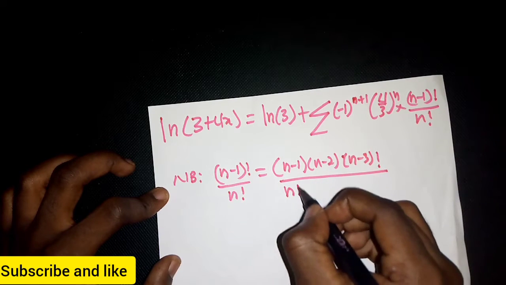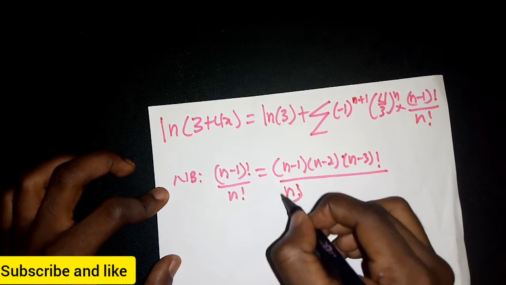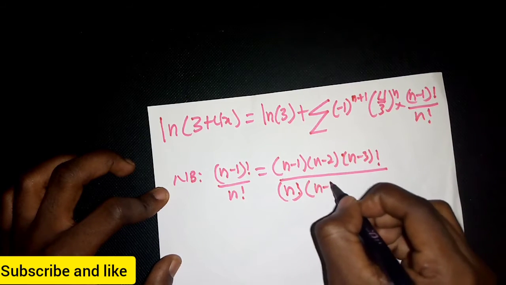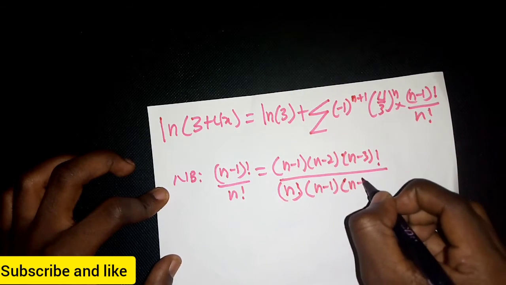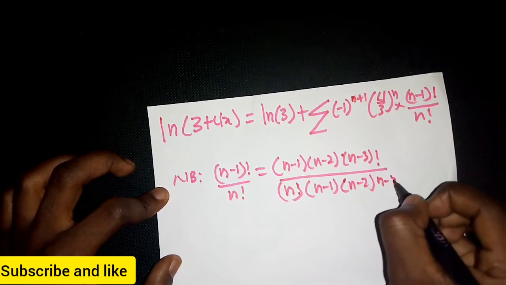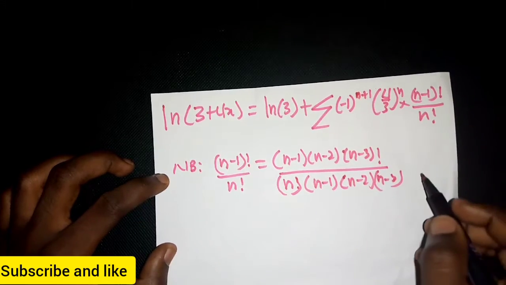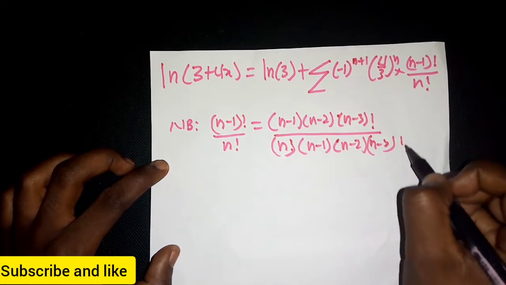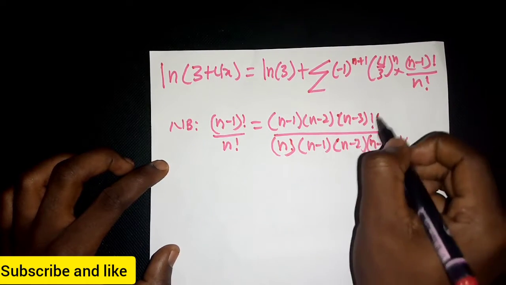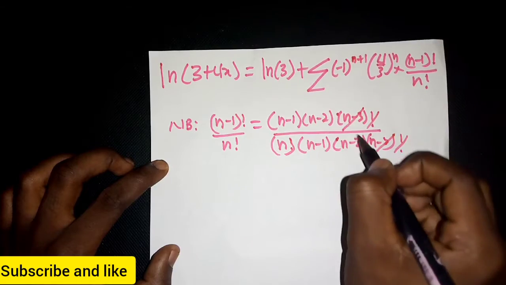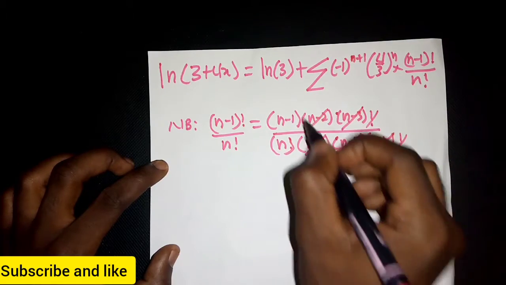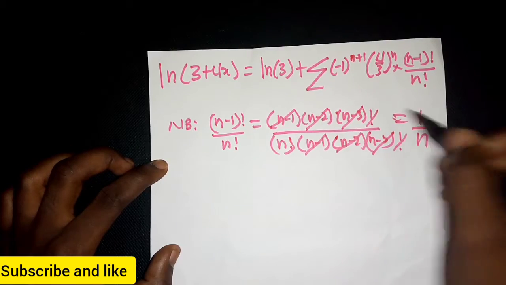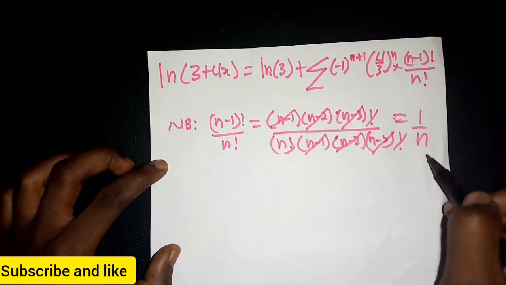Now expanding n factorial is just n, so we have n minus 1, then it goes n minus 2, then it goes n minus 3, on and on, so that then it's still factorial. So factorial cancels factorial, n minus 3, n minus 2, n minus 1, then what you are left with is just 1 over n. So I'm going to replace all of that with 1 over n.